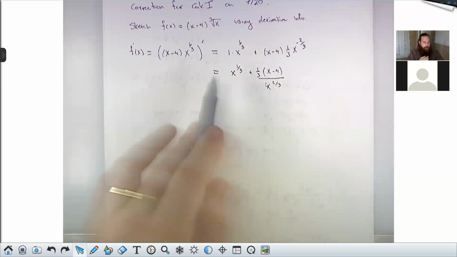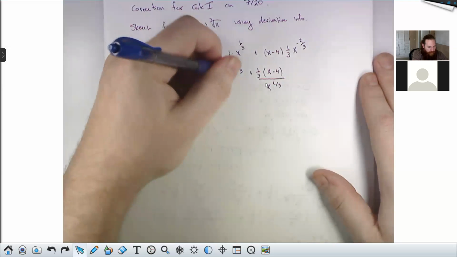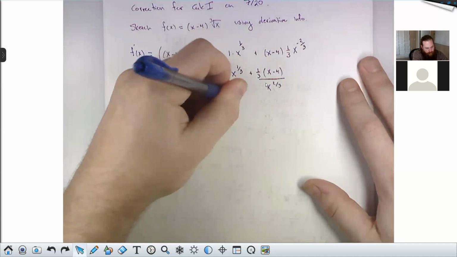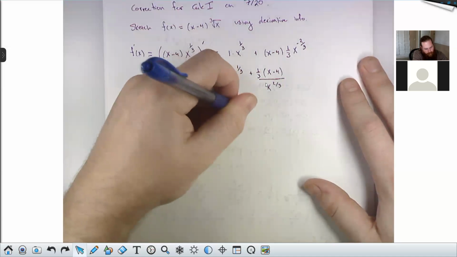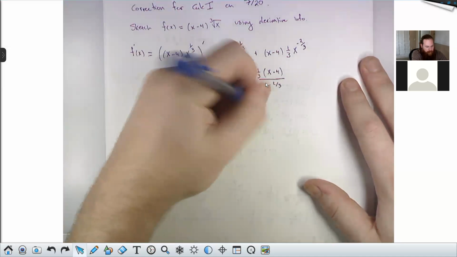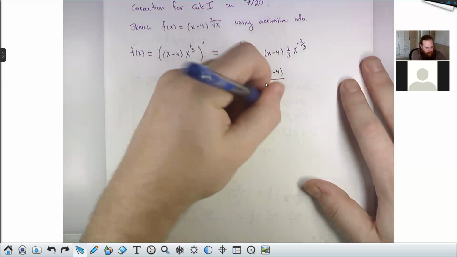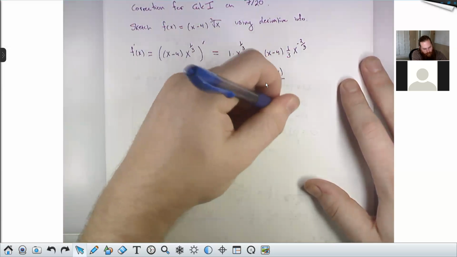And then we could have a common denominator, and this is how we did it in class. So I multiply this by x to the 2/3 over x to the 2/3, and I get x to the 2/3 times x to the 1/3 over x to the 2/3. Plus, here I'll just bring that 3 downstairs, so that's going to be x minus 4 over 3 times x to the 2/3.